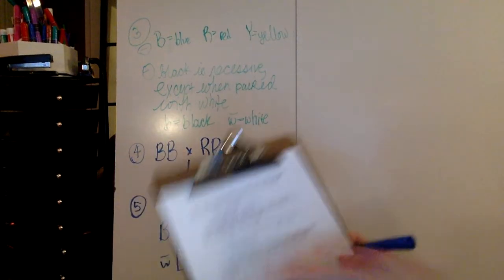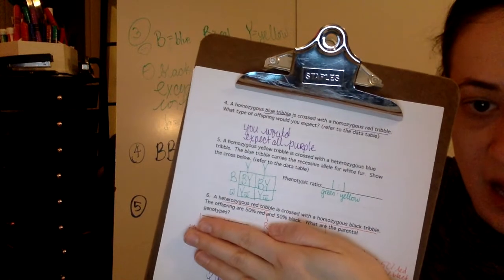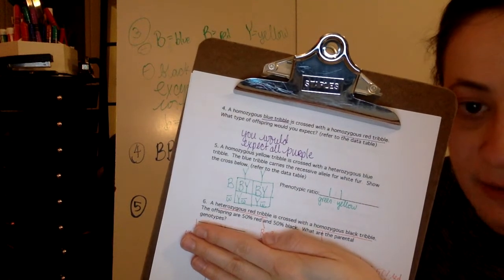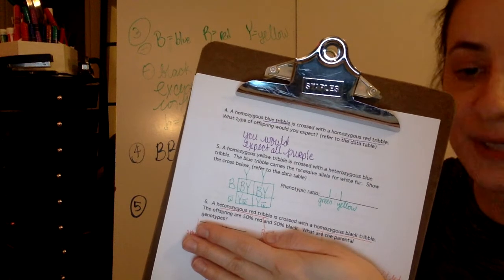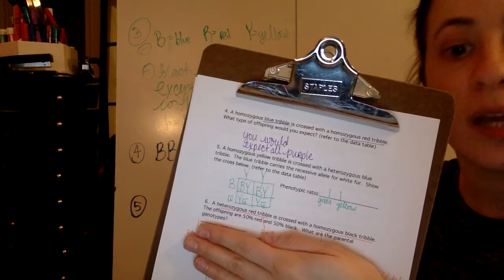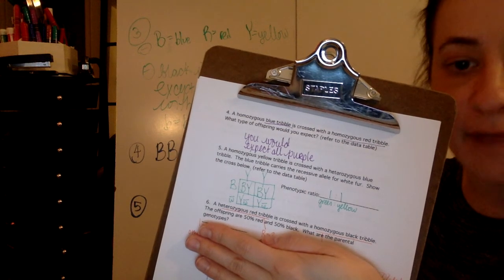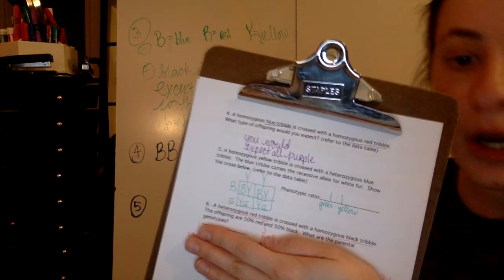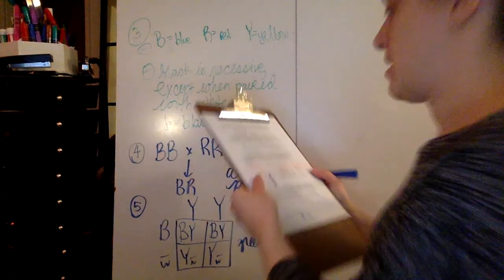Now, number 6. Number 6 reads, a heterozygous red tribble is crossed with a homozygous black tribble. The offspring are 50% red and 50% black. What are the parental genotypes?